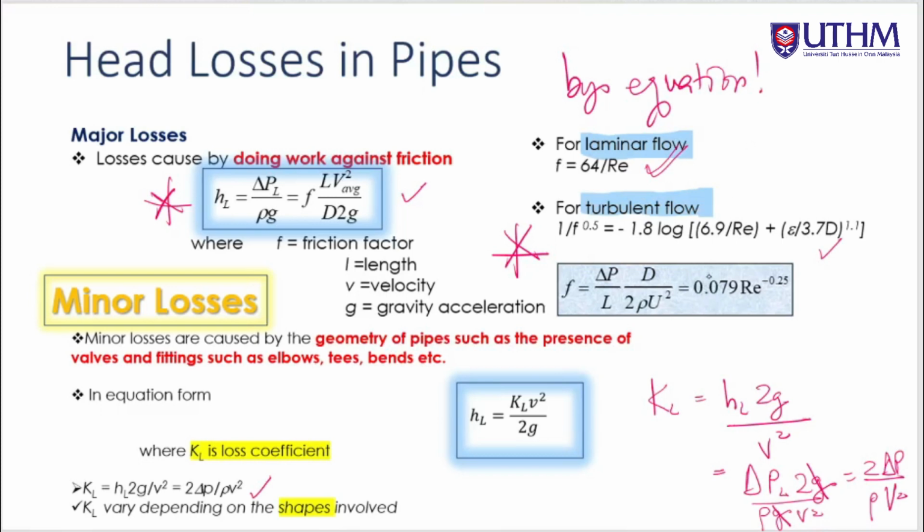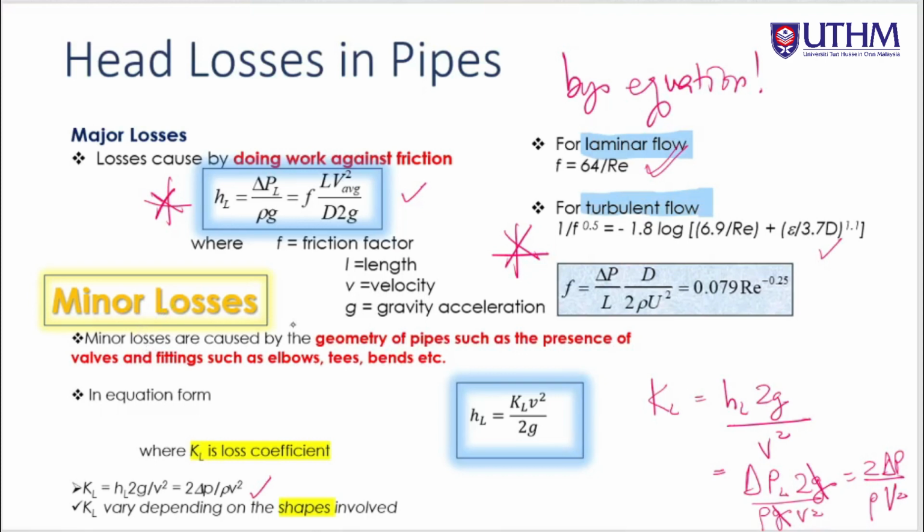And if not, usually the question will ask you to use the Moody diagram instead. Okay, so I think for major losses should be no problems because we have done a few examples previously as well, right? So the second part is minor losses.